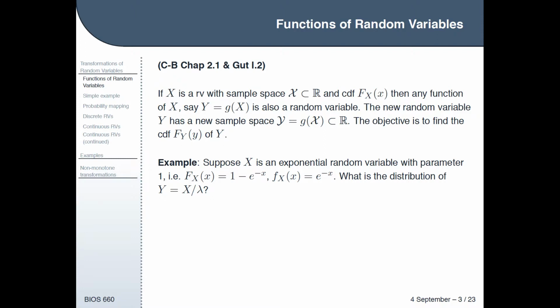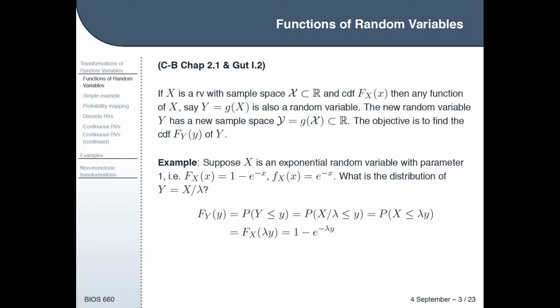Let's say we create a new random variable Y, which is equal to X divided by some value lambda. Well, the simplest way to figure out what the CDF of Y looks like is just use the formula for the CDF. F sub Y of y, by definition, is the probability that big Y is less than or equal to whatever this little y is.